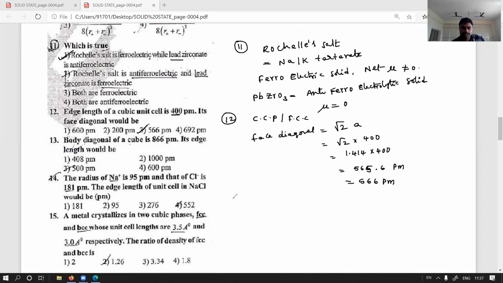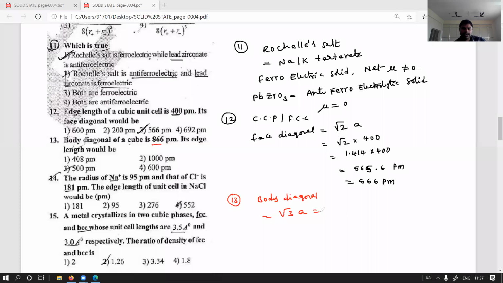Okay, let's see the 13th question. The body diagonal in a cube is 866 picometers. Its edge length is asked. In BCC, body diagonal is equal to root 3a. Okay, 4r is equal to root 3a theoretically.